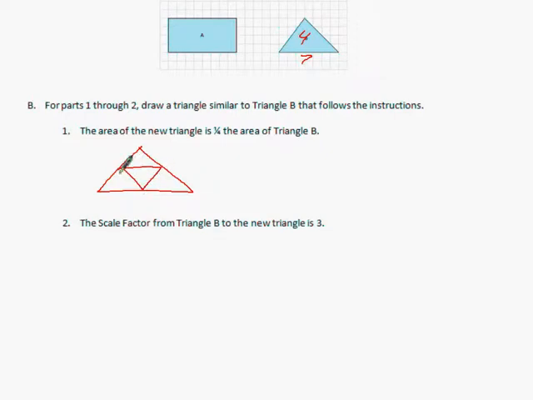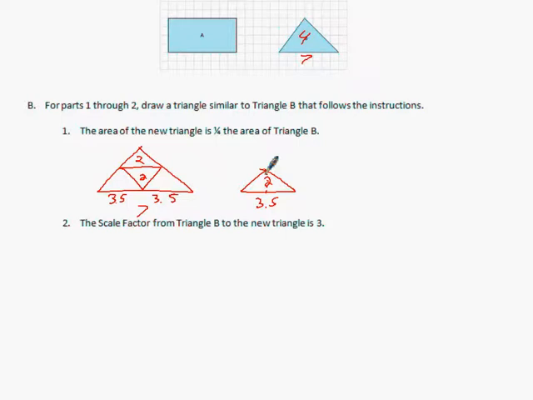That's my 4 triangles. The entire thing is 7, so half of 7 is 3.5, 3.5. The entire height is 4, so each one is 2. So a little triangle is 2 by 3.5.